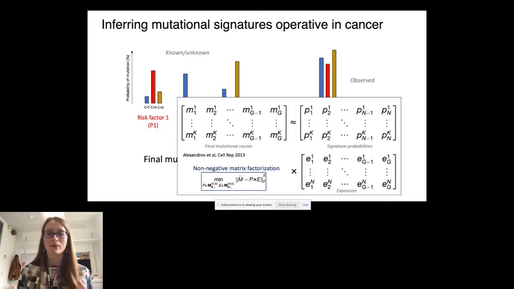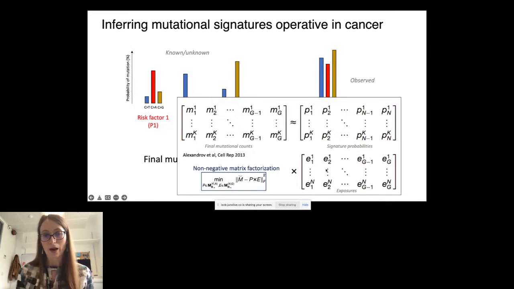And this was first applied by Ludmila Alexandrov and Mike Stratton and Serena Nik-Zainal in the context of cancer. And it works well for a variety of problems. So if you have non-negative matrices that you are trying to write as a product of two other matrices, this works very nicely.